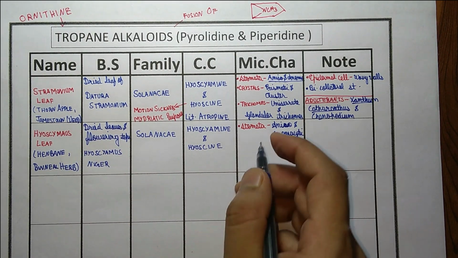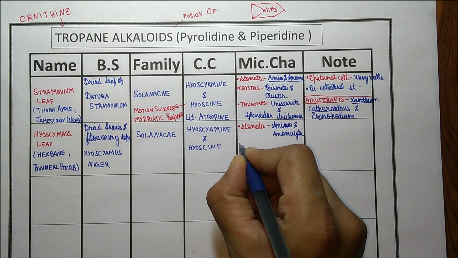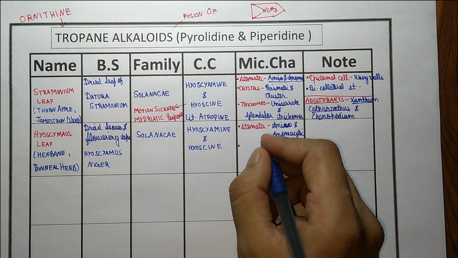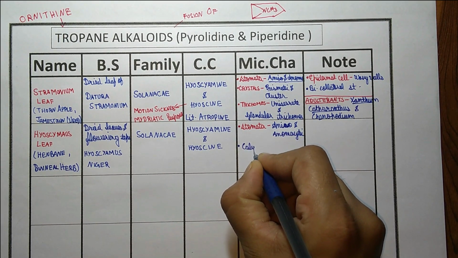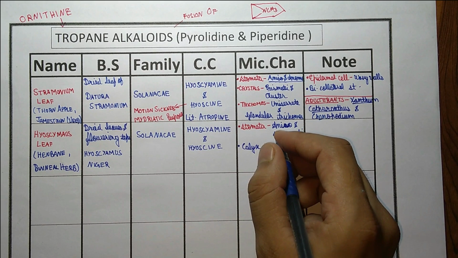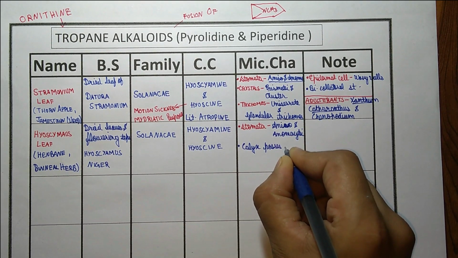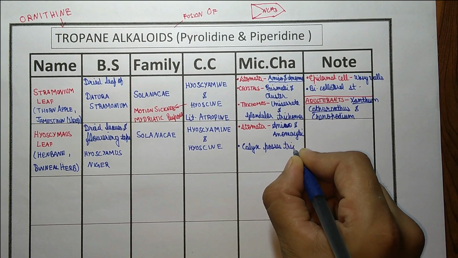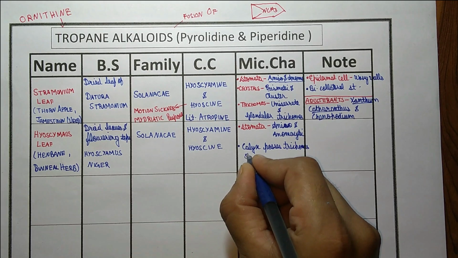And the next microscopical character is that the calyx possesses trichomes and stomata.